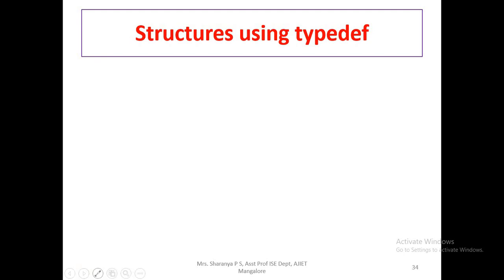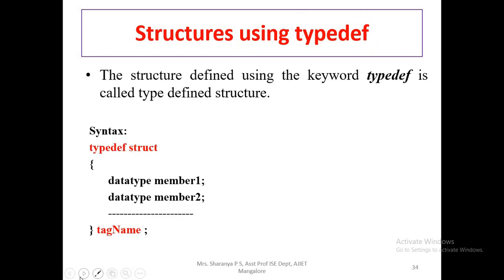And one more way of creating structures is by using typedef. Here we mention the special keyword called typedef. Instead of the struct keyword alone, we make use of typedef, and after that we use struct, and then we mention the tag name at the end.